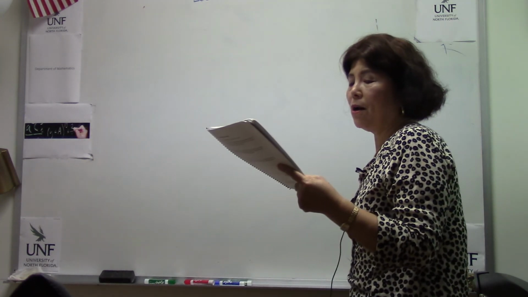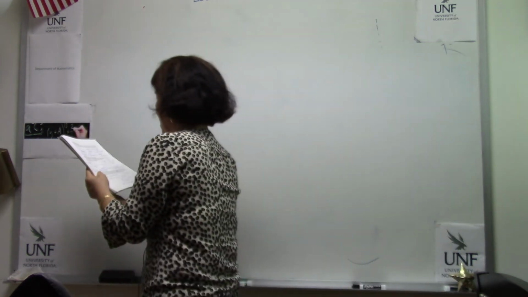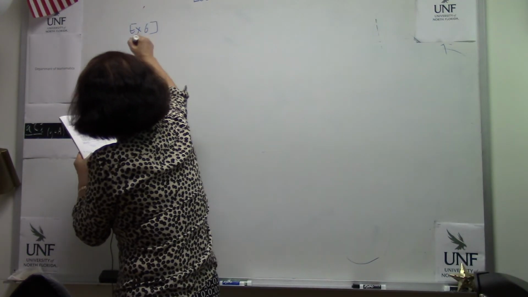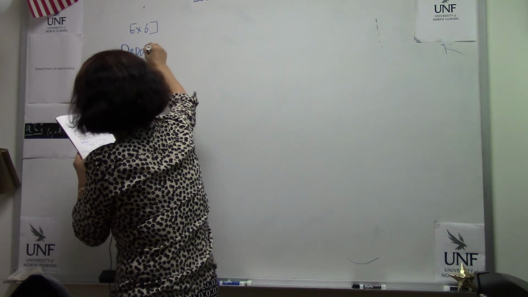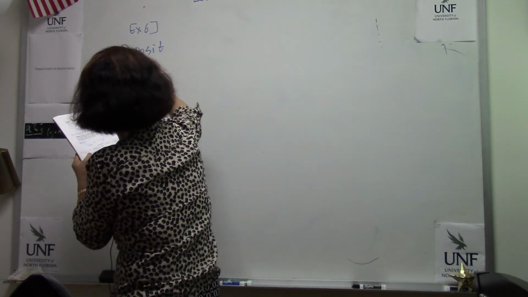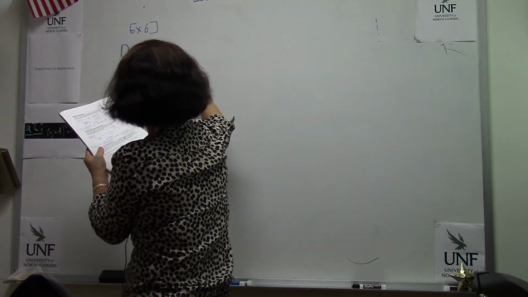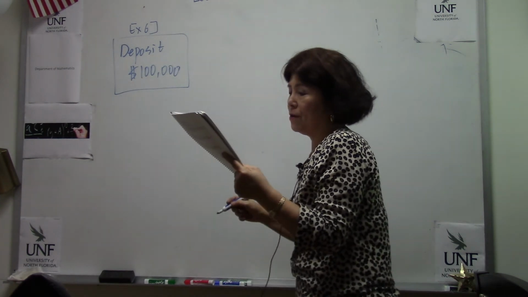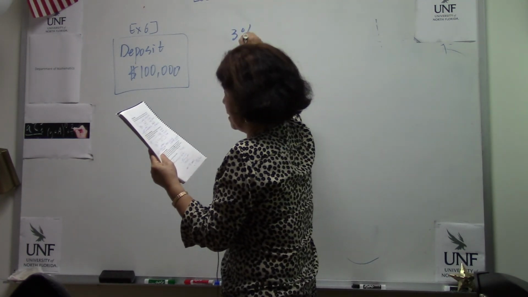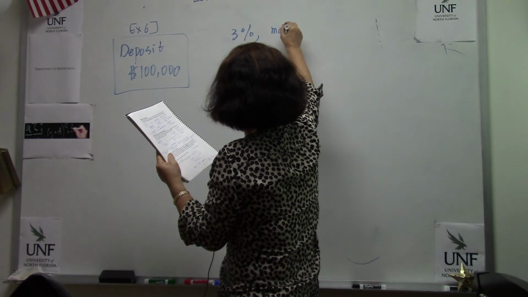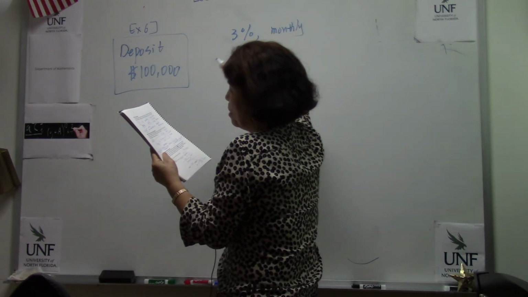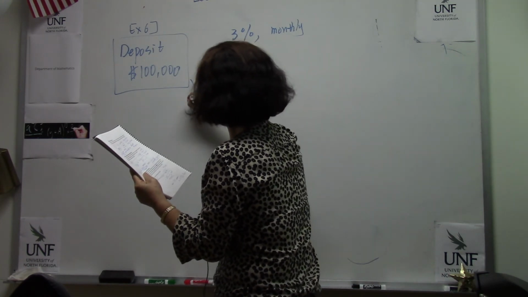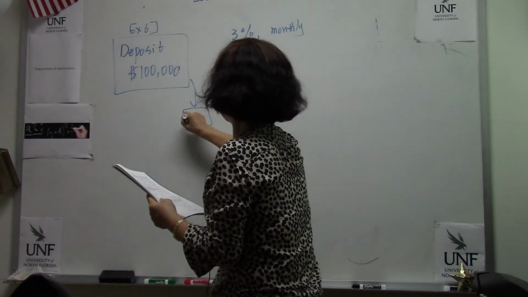If you deposit $100,000 into a fund paying 3% compounded monthly, so you are going to deposit a lump sum, we call this just lump sum many times, $100,000. How much can you withdraw at the end of each month for 4 years? So each month, how much can you withdraw?